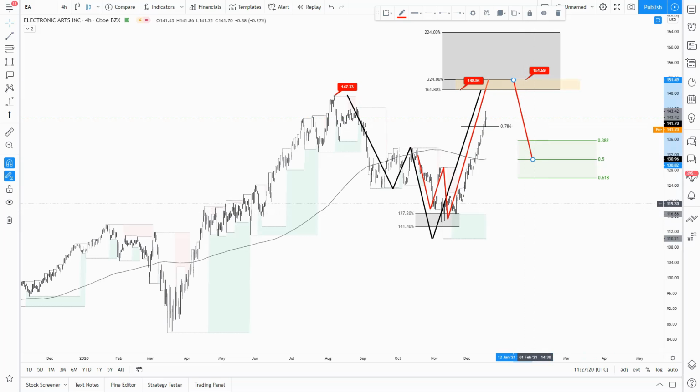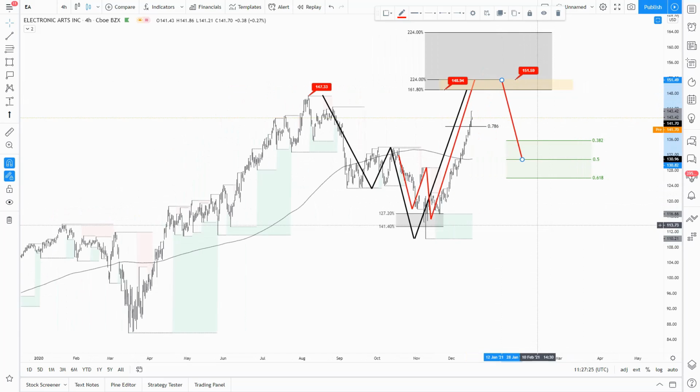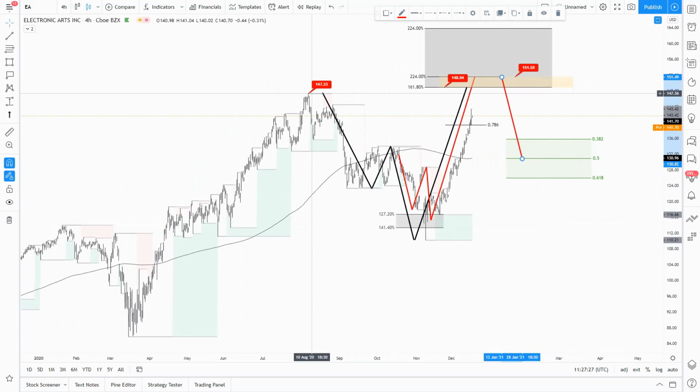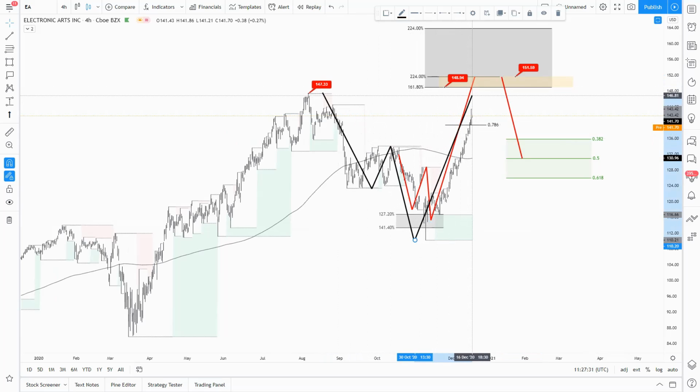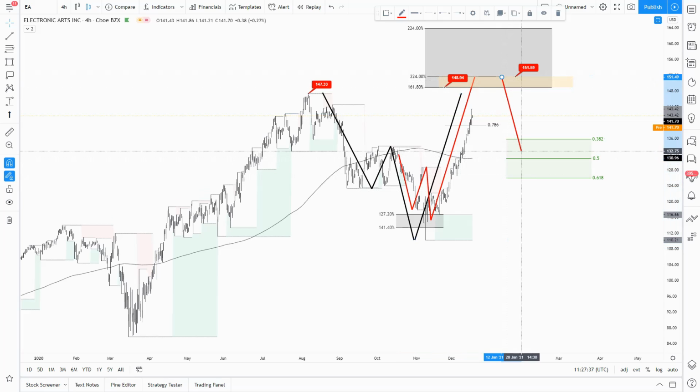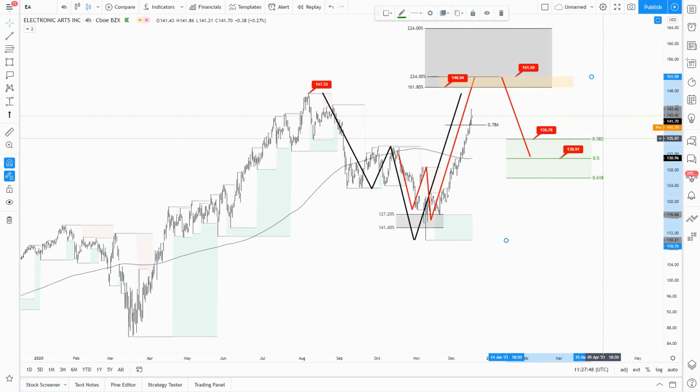That will be the suggestion for Electronic Arts if the price decides to form those shark patterns right above the previous structure high. So we just need the price to threaten the violation of this previous structure, a false breakout above, and if the price finds resistance, we may see the price later starting to retrace back to the 50% Fibonacci retracement level. Okay, 135 the 38, 130 the 50% fib.